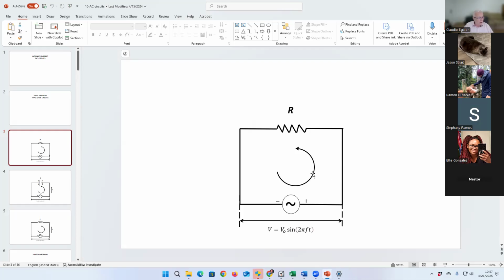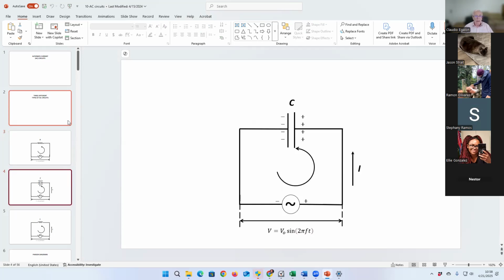The current in the circuit flows back and forth. That's why I have this sinusoidal symbol right in here, the generator whose voltage changes as time goes by, changes sinusoidally.